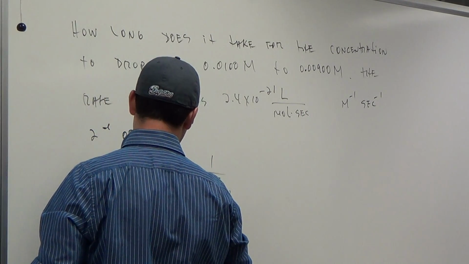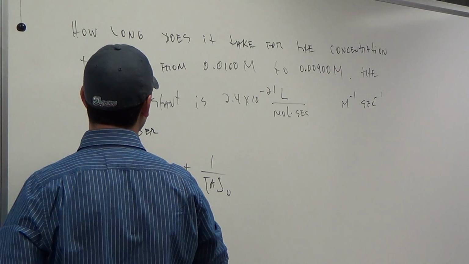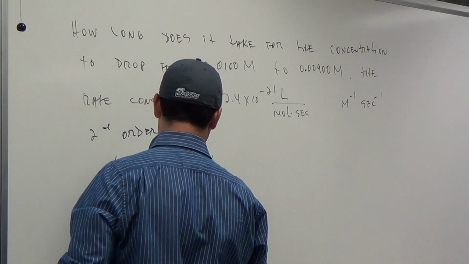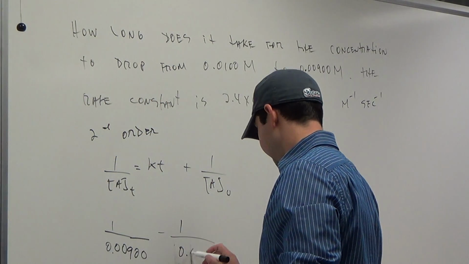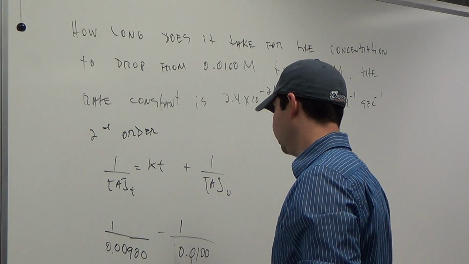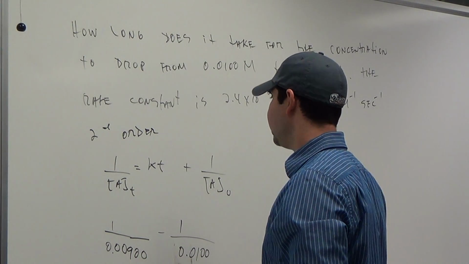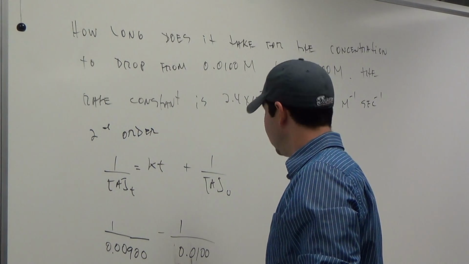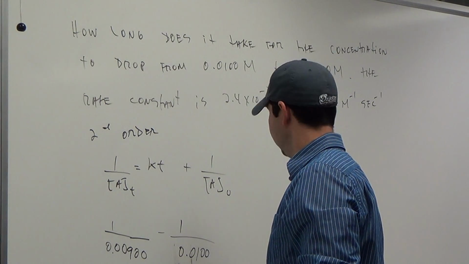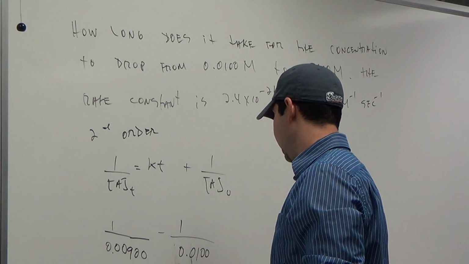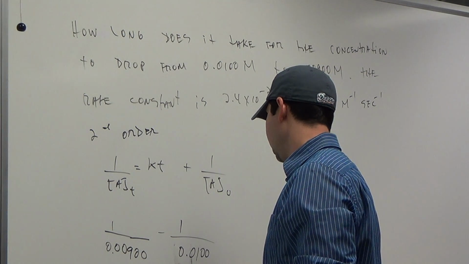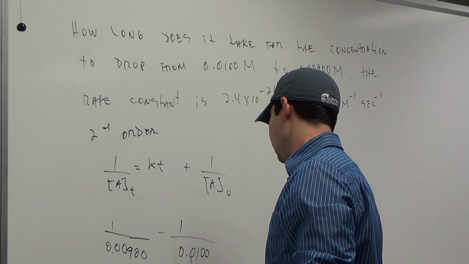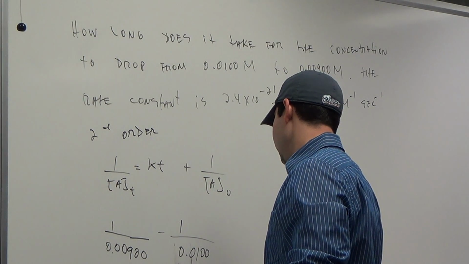1 divided by A0, what's A0? That's the initial concentration, the bigger number. And the whole thing is divided by k. What's k? Okay, very good. And what are we going to say here? We're going to say molarity to the minus 1, seconds to the minus 1.